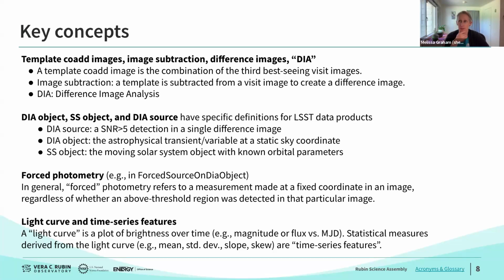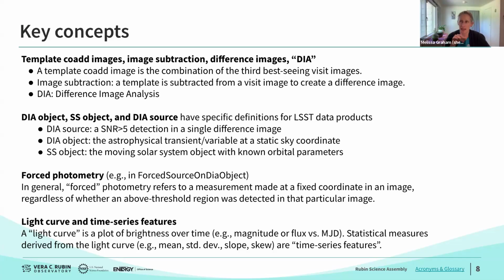More key concepts. We have three terms here: the DIA object, SS object, and DIA source. With LSST, object and source have very specific definitions that might differ from time domain surveys you may have experience with in the past.